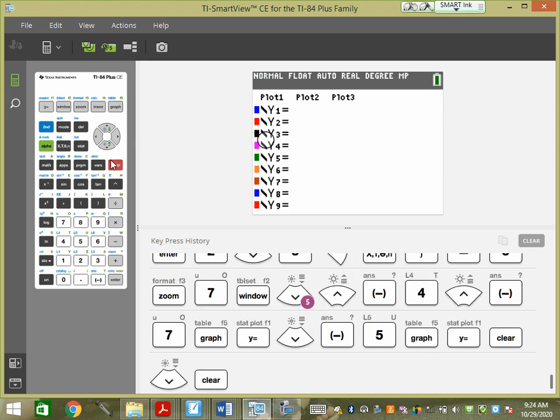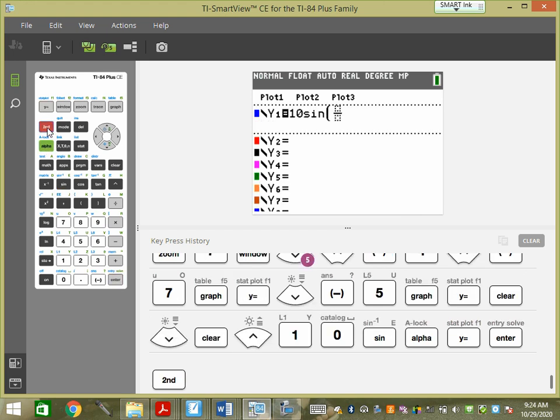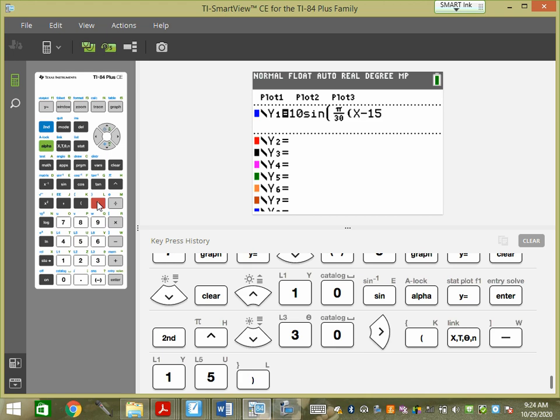Can you tell me what it is? Like the equation. Sine, pi over 3, x minus 15, and plus 12.